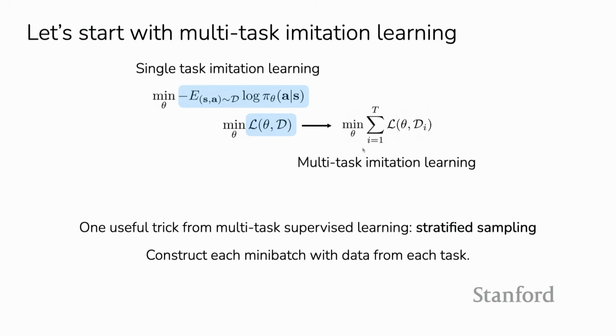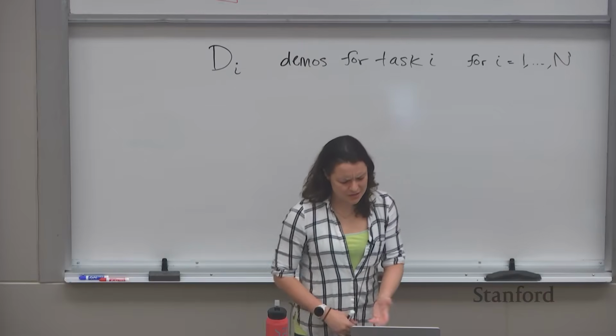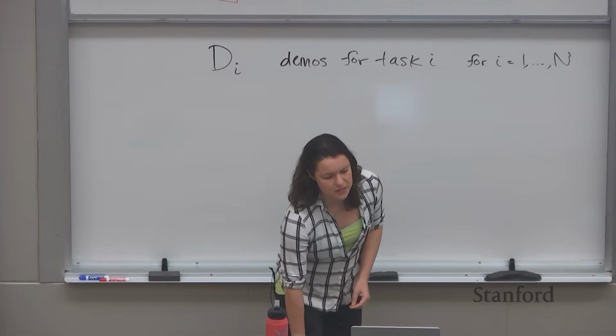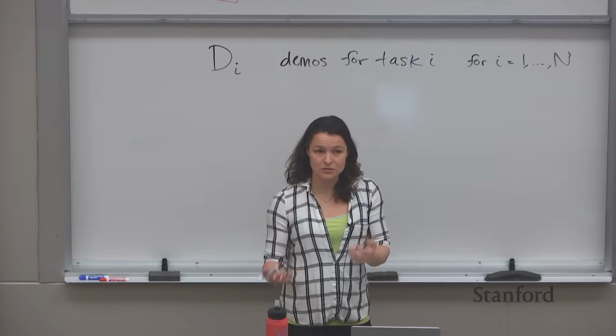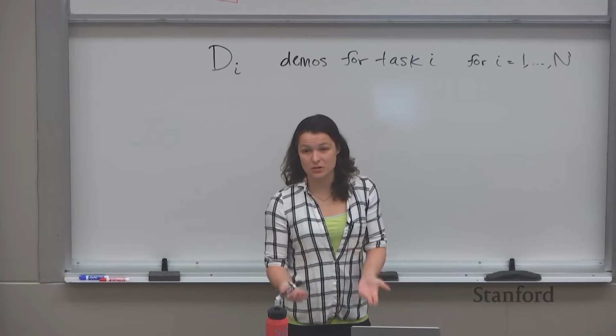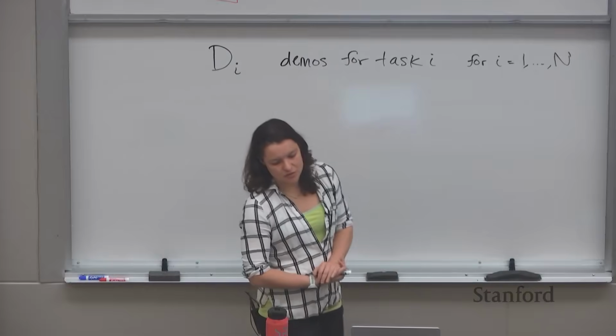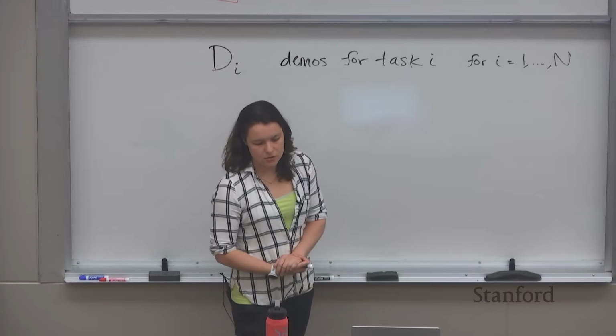This will give you gradients that are lower variance, and it can be quite useful in practice. Another thing that I didn't put on the slides that can also be useful is making sure that your states and actions are on similar scales across tasks. So per task normalization can also be quite useful for the learning process.